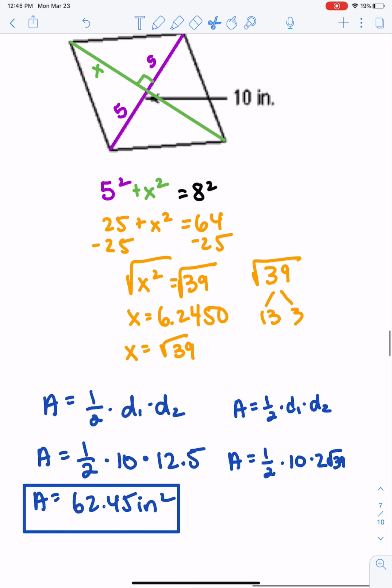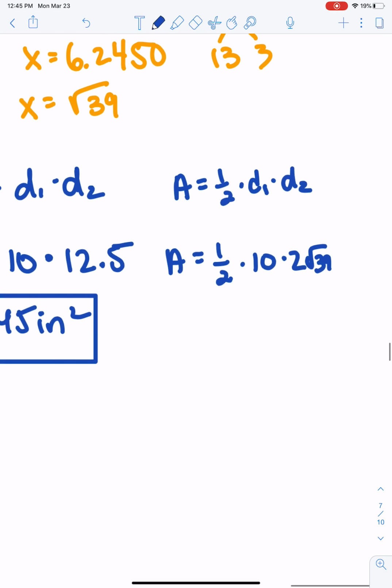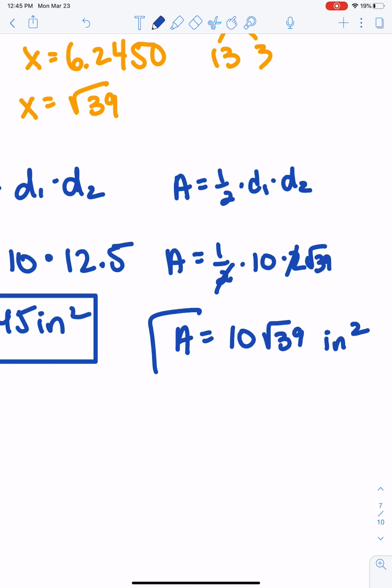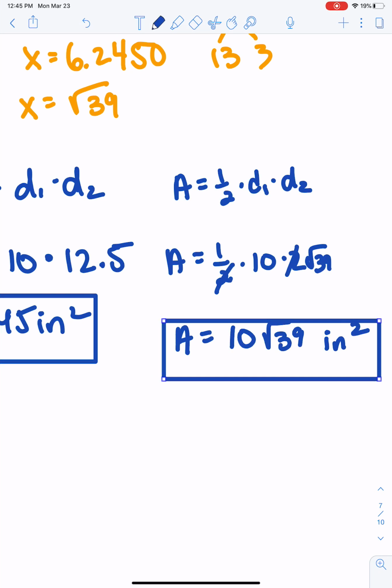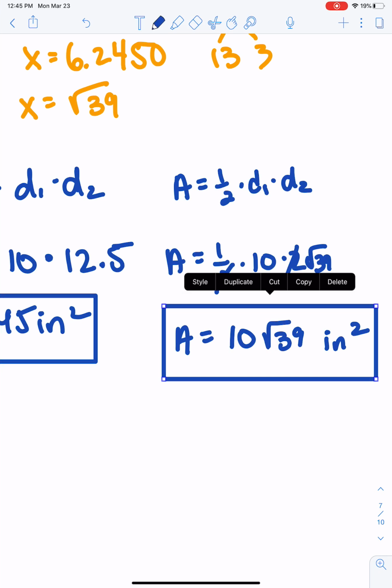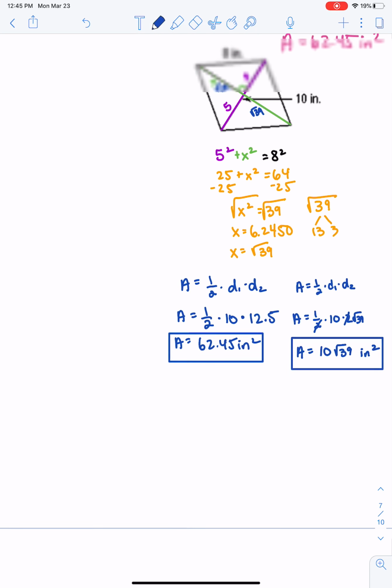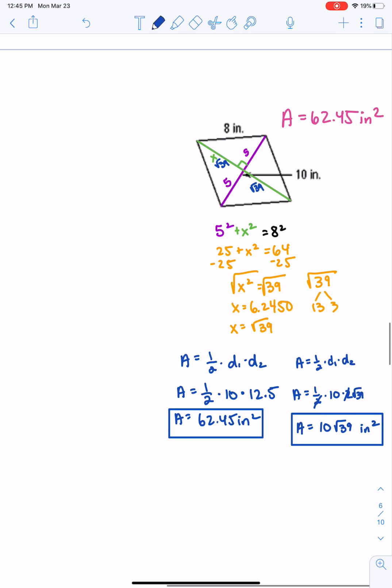So this was square root of 39. So is this. So together we have 2 of them. So I would just, boom, cancel those out and say the area is 10 square root of 39, and again, inches squared. It's a little bit more precise. I'm going to double check in my calculator that it gives me the same number, and it does. So that's probably our trickier one of a rhombus.